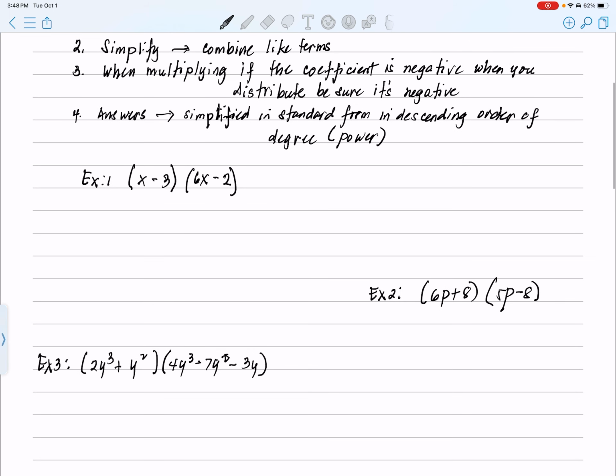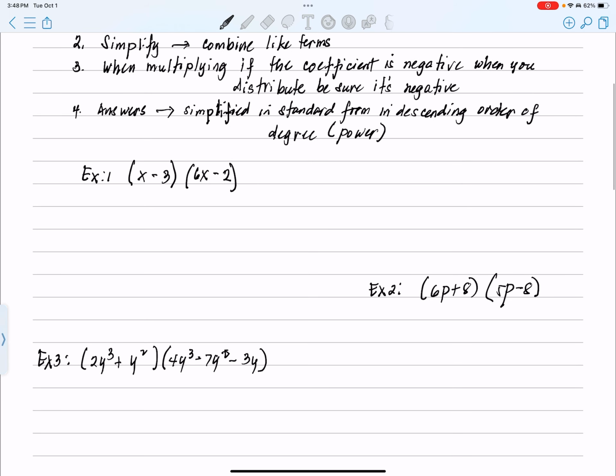Let's have one example here. You are given x minus 3 times the quantity 6x minus 2. You can see here that we're multiplying binomials. So if you remember in your Algebra 1, there is a special case where we use the FOIL method. What does FOIL mean? F stands for the first term.